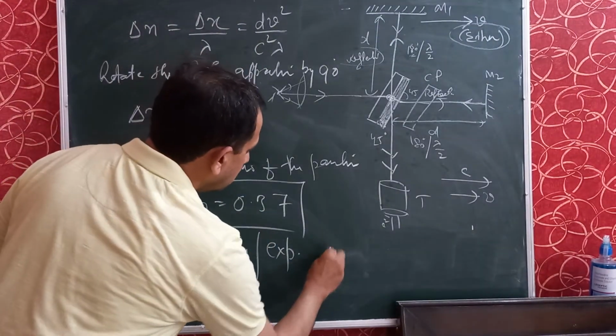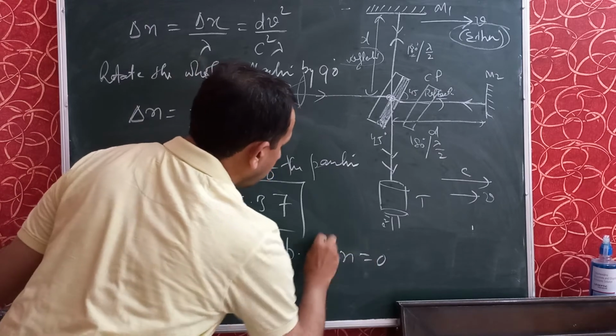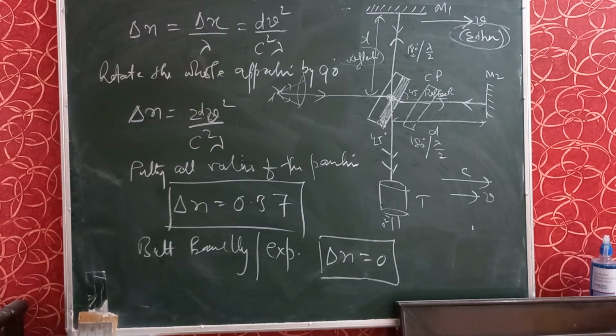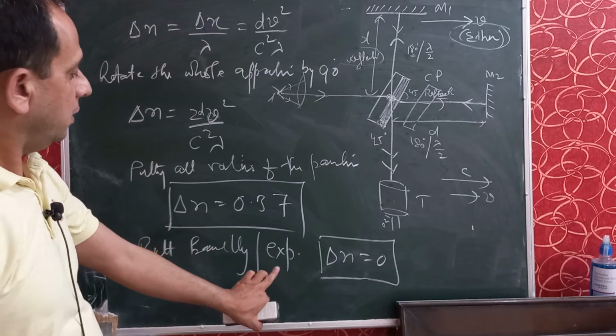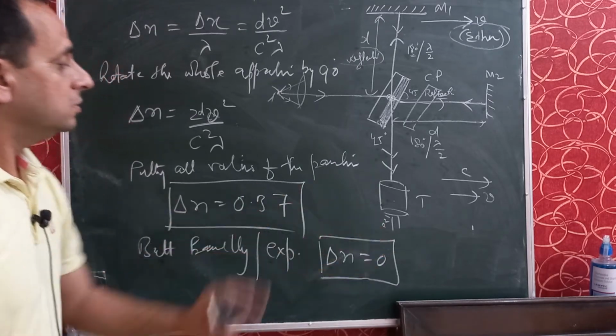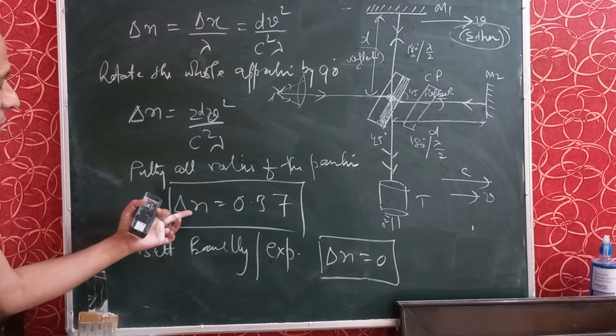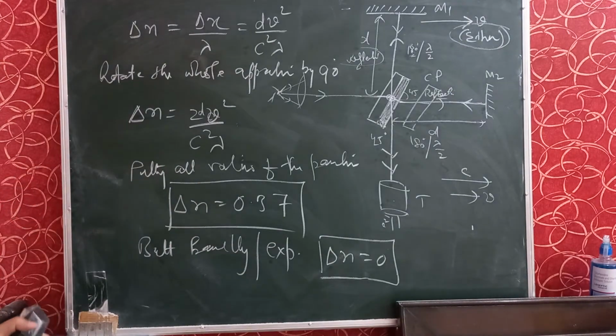It means practically delta n is 0. When we see through the telescope, no shift in fringe is observed. Therefore, the experimental result shows that there is no difference in the fringes, a null result, but theoretically there is a difference in the fringe shifting.